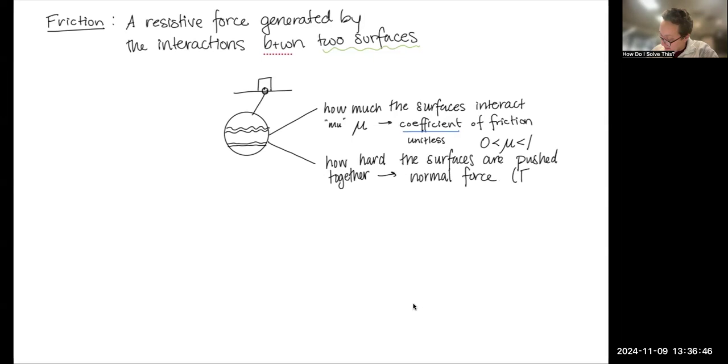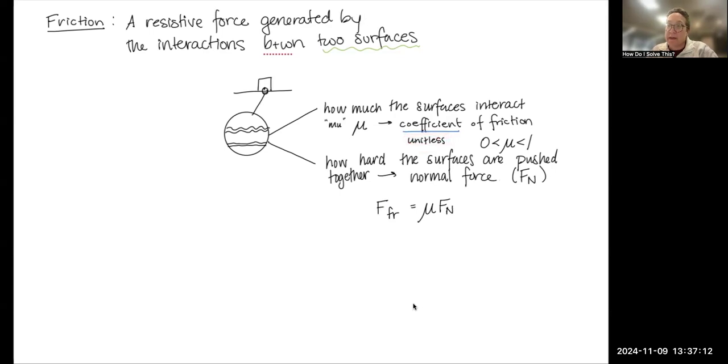And we write that as Fn, although I've told you that there are lots of other ways to write that as well. And luckily for us, the force of friction is pretty straightforward. It's just these two numbers multiplied together. Now let's think back. I said that the coefficient of friction is unitless.